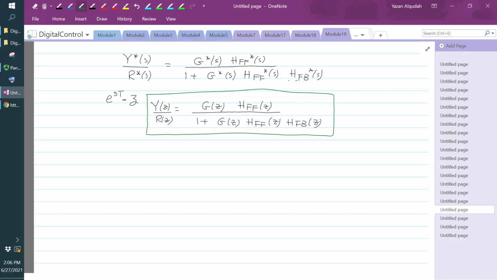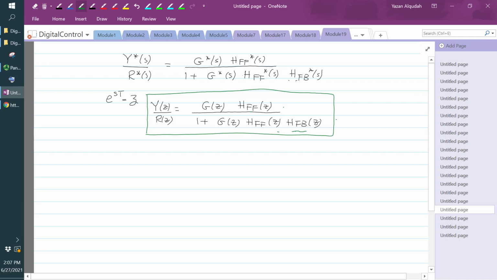Now if you look at this transfer function, you can understand why we said we have 2 degrees of freedom. I can choose the zeros of this transfer function using HFF, and I can choose the poles of this system using HFB. So using HFF and HFB, I can choose where I want my poles and zeros to be.